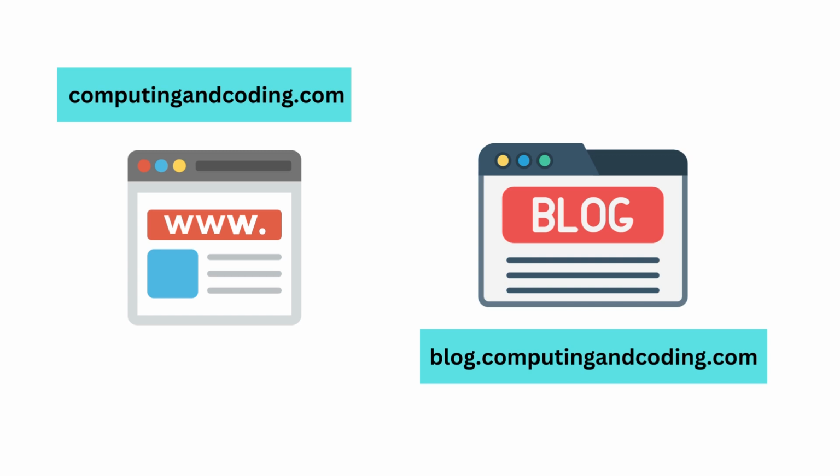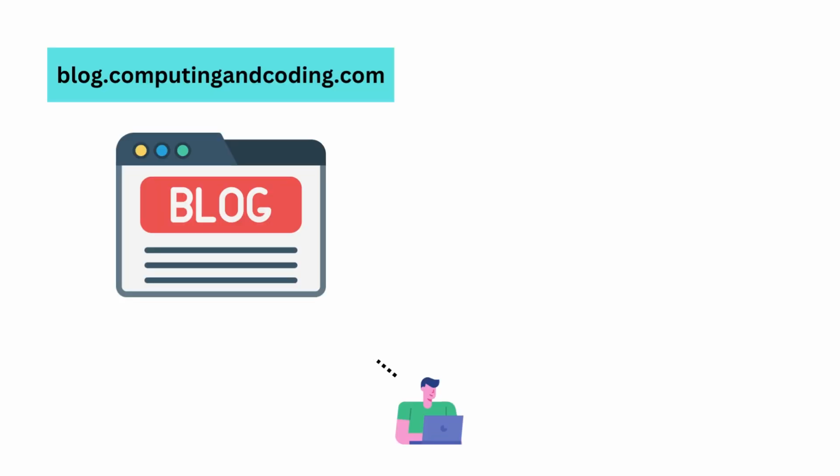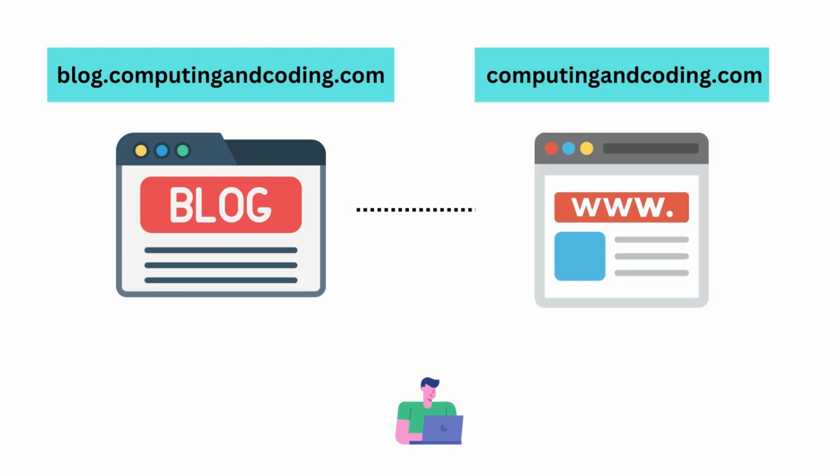Instead of assigning a separate IP address to the blog website, they can create a CNAME record that aliases the subdomain to the main domain. The CNAME record entry will look like this. Now, when users visit blog.computingandcoding.com, the DNS resolution process will direct them to the same IP address as computingandcoding.com.